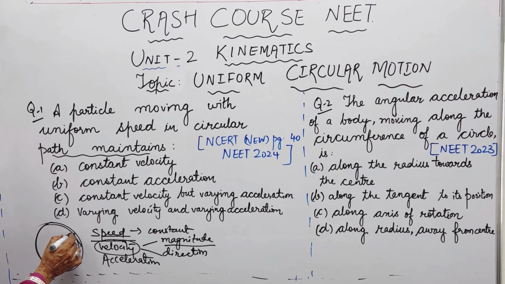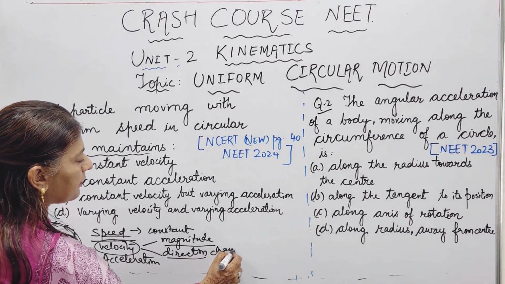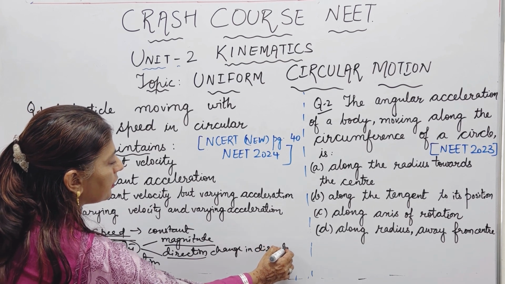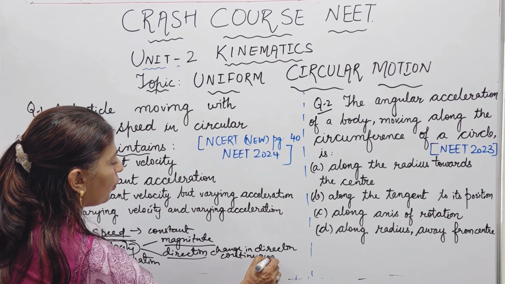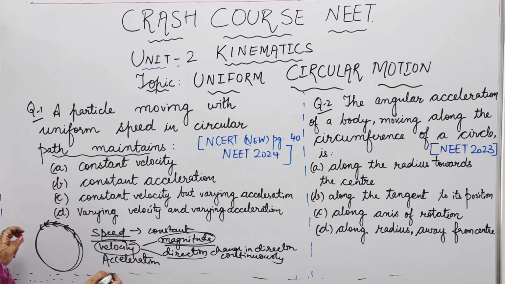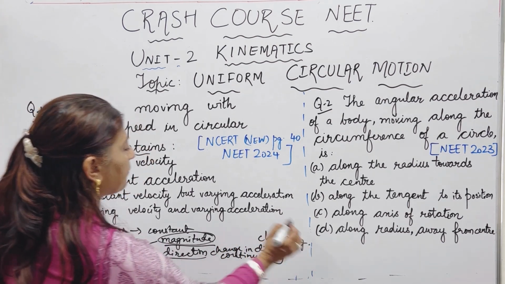Direction is getting changed at every instant of time. So velocity, because of change in direction continuously, though its magnitude is constant and direction keeps on changing, is a changing one. It is varying at every point.